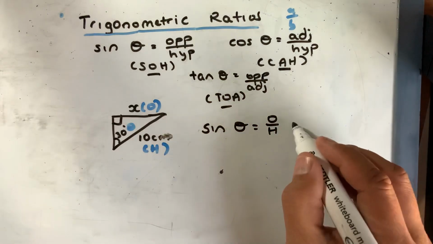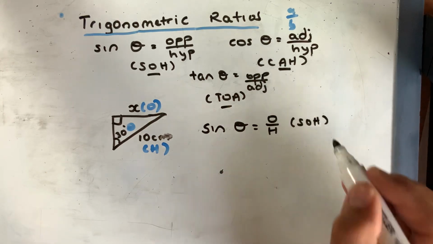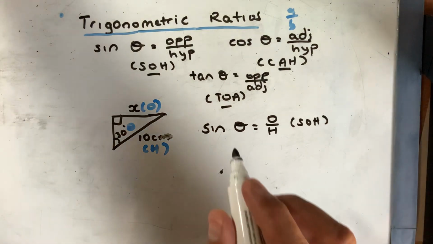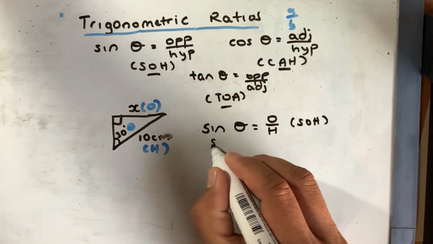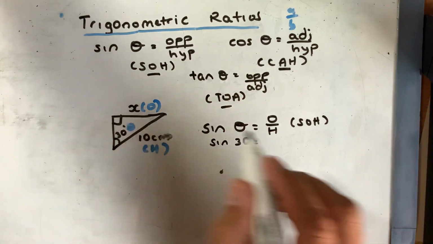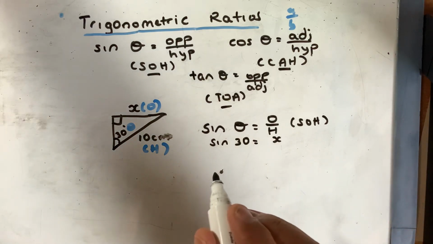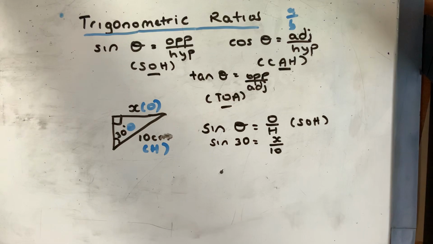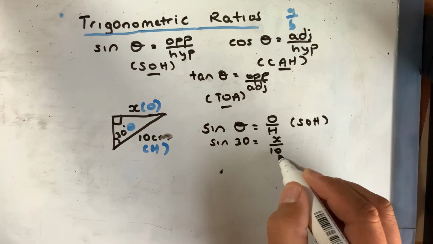Now the next step is going to be the substitution. Instead of theta, we replace it by 30, so sine 30. Opposite is going to be x, and the hypotenuse is 10. If you have learned before, how do you solve algebraically? You want x, you don't want x over 10.